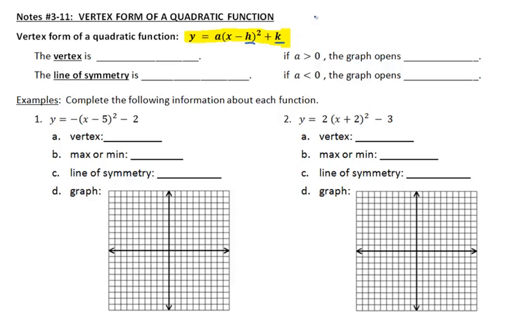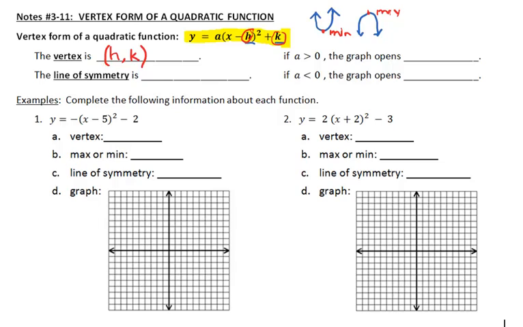If you remember the vertex of a quadratic, when I draw the parabola, the vertex is that point at the very bottom, or if the quadratic opens down, it's that point at the very top. We would call this a maximum and this a minimum. We're going to talk about that in just a moment. So the h and the k give us the vertex: the x coordinate is h and the y coordinate is k.